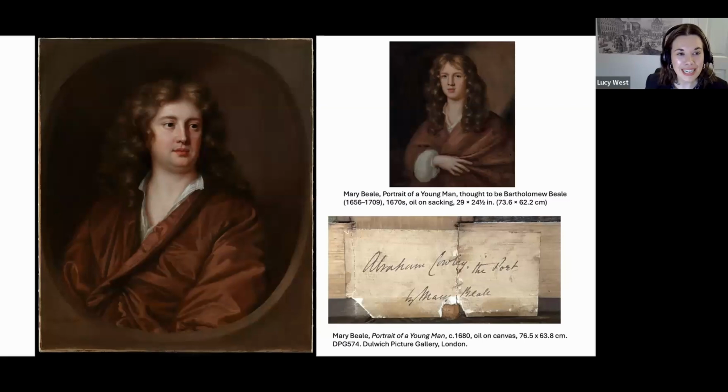In particular, even in this reproduction, but especially when you see it in the flesh, it's so striking how finely detailed the faces of many of Mary Beale's sitters are. In this case, I'm really struck by the luscious curly locks, that plump Cupid's bow mouth, which is so characteristic of many of Mary Beale's sitters, the kind of 5 o'clock shadow. But something that was revealed to us after the cleaning was this tiny little red birthmark which appears under the sitter's right eye, so the left eye as you look at the portrait.